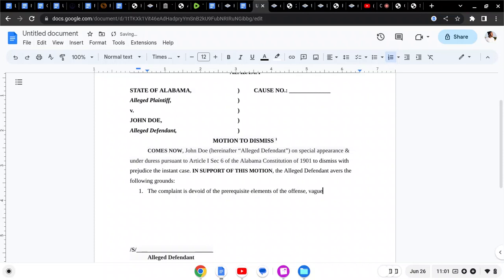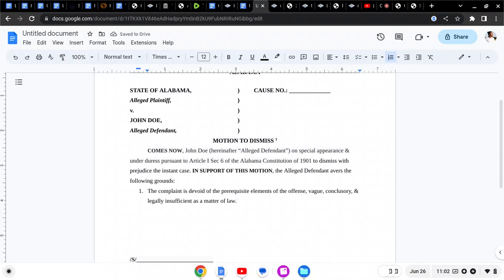vague, conclusory, because they always do this, y'all. They always do this. Conclusory and legally insufficient as a matter of law. That's one of them.